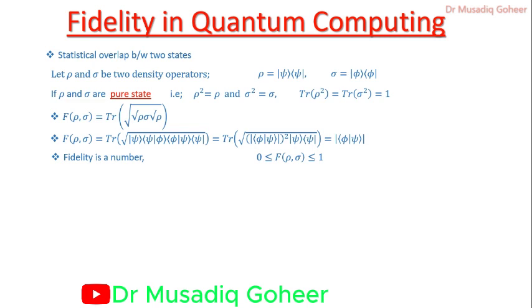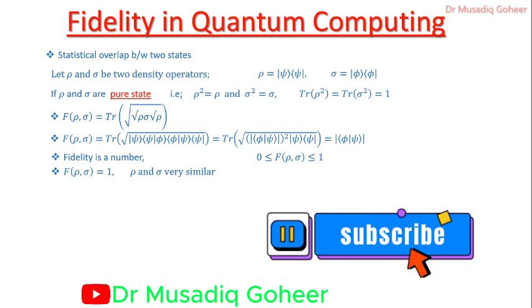So when you calculate the fidelity between two density operators or two states, its value will always lie between 0 and 1. If fidelity is 1 between two states, then it means that there is a lot of overlap between the two states and they are very similar to each other.